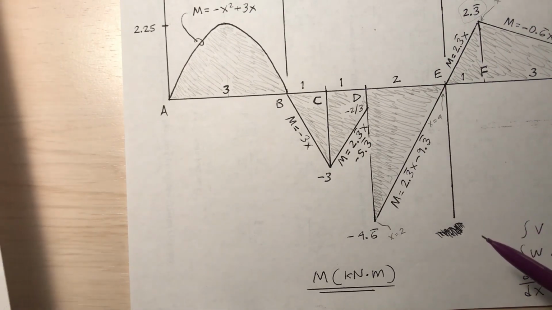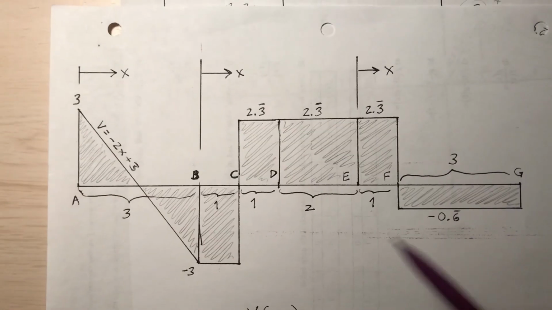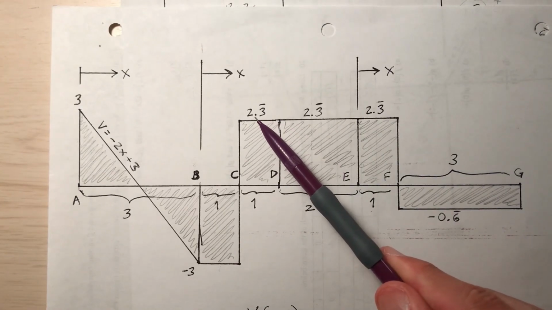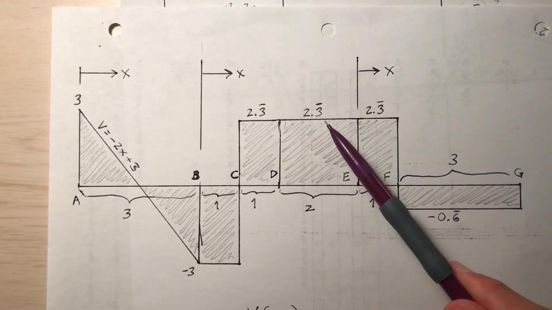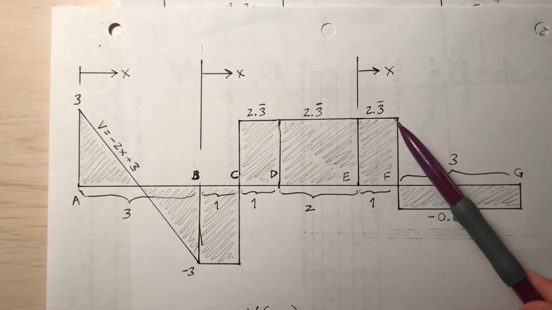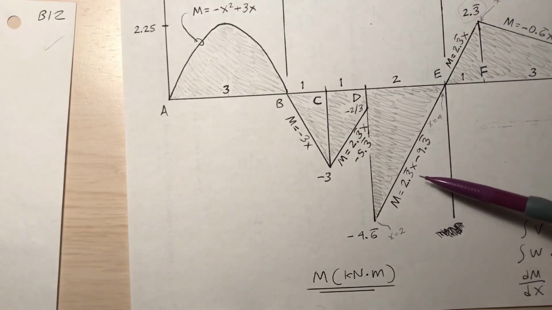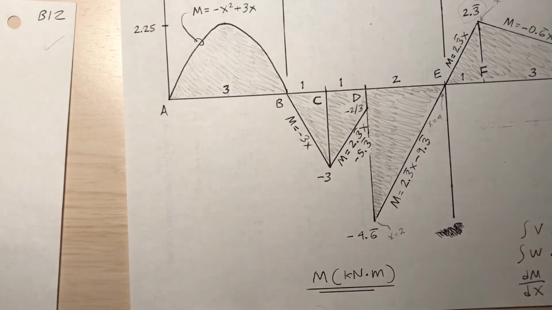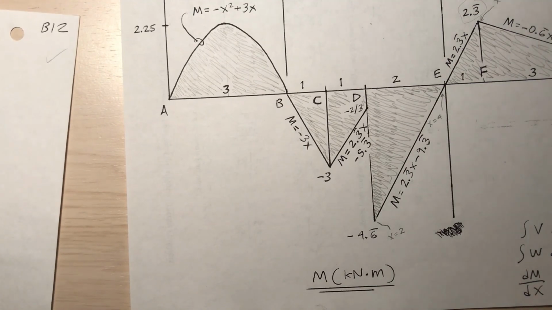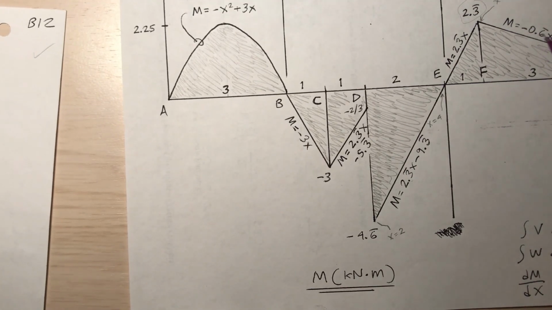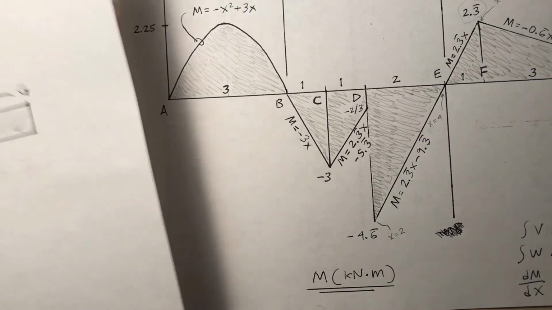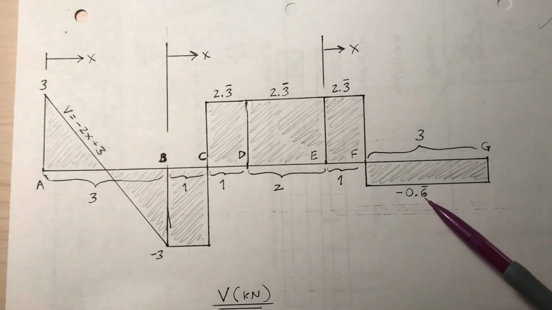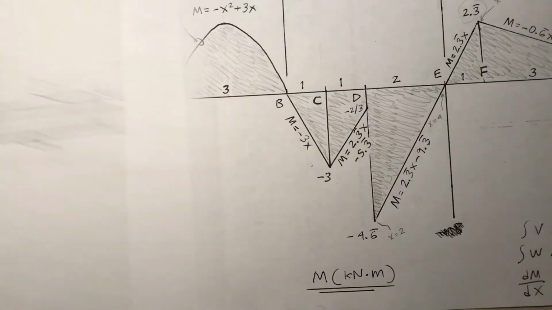Was that the value of the shear between C and D? It was. In fact, the value of shear between D and E, and between E and F, was also 2 1/3. So that seems to be the slopes that I see here. And then between points F and G, the slope is negative 2/3, negative 0.6, where the 6 repeats. And I notice that that's the value of the shear between F and G.